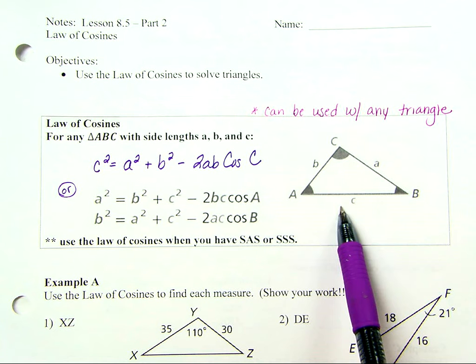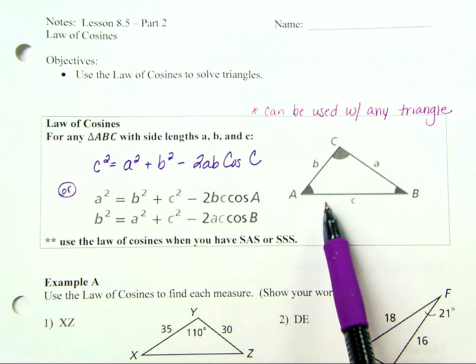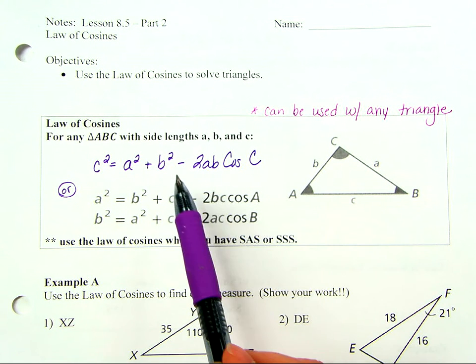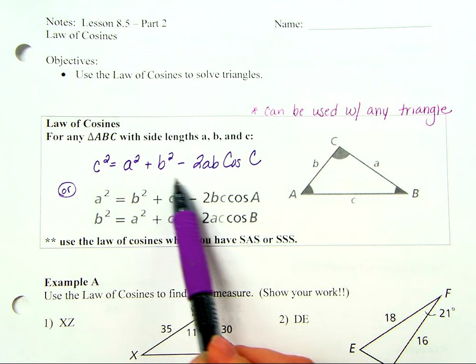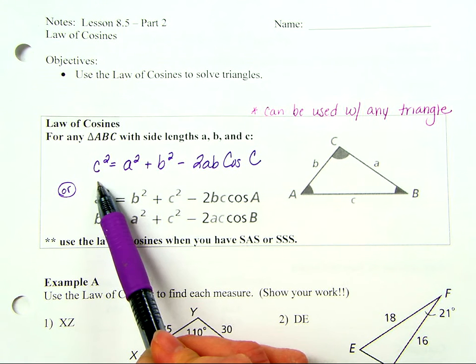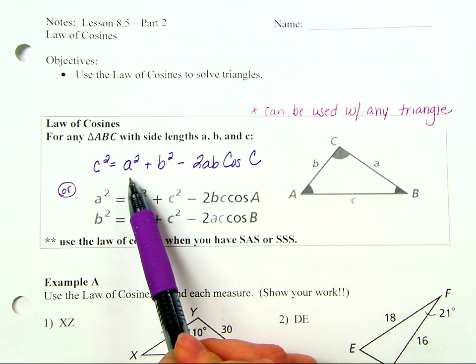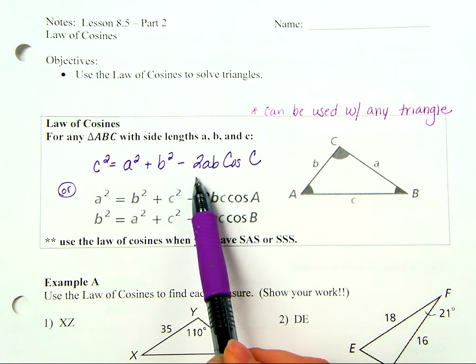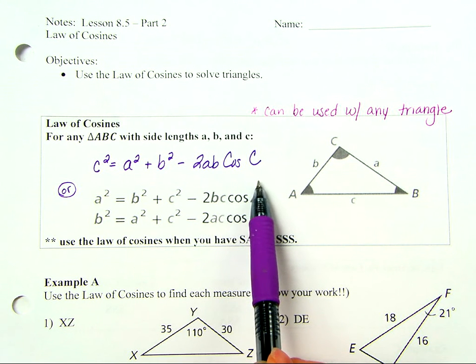It doesn't matter which sides you label as A, B, and C. So side C does not necessarily have to be the longest side. Taking a look at my formula here, it looks a little bit big and scary, but it's really not too bad. It says that C squared is equal to A squared plus B squared minus 2AB cosine of C.